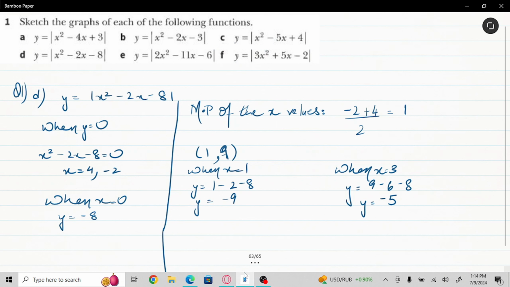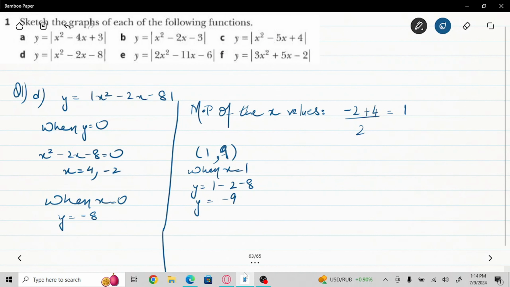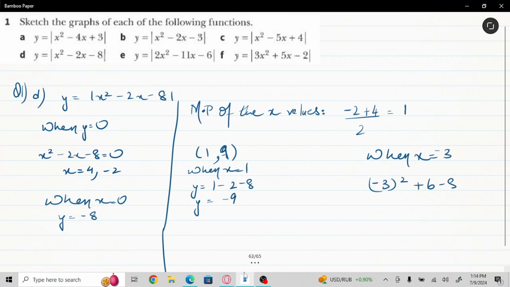For example, actually I had to insert negative 3, not positive 3. Let me just see. If it's a big value, then I'm going to leave it. x equals negative 3, and negative 3 squared minus, in fact, it will become positive 6 minus 8.